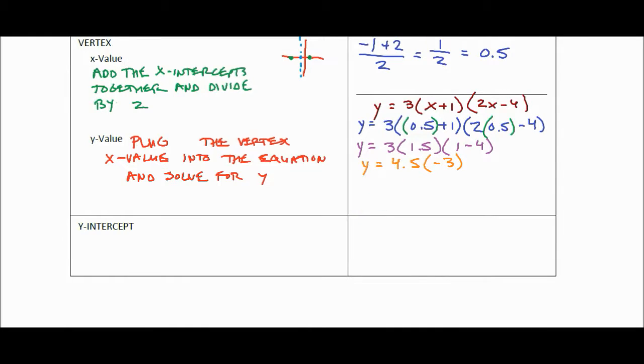So our final answer is going to be y is equal to, let me check the number, I lost it, 13.5. It's negative 13.5. Okay. So we've got an x value of our vertex at 0.5 and a y value of our vertex as negative 13.5.